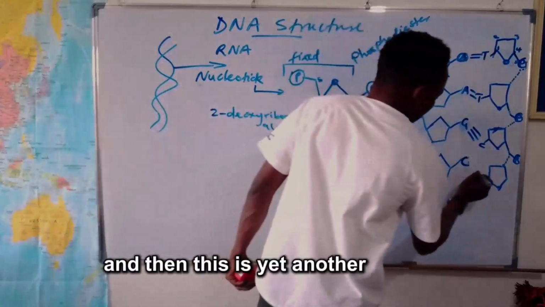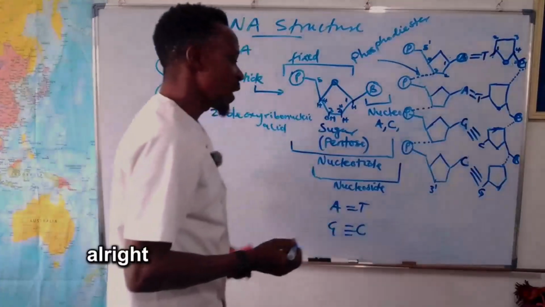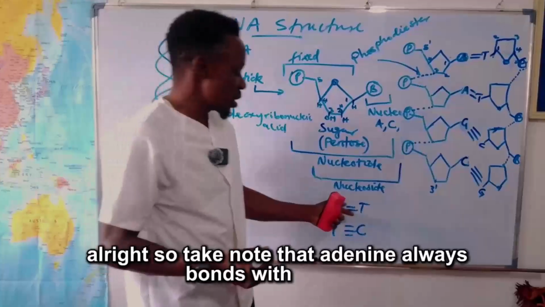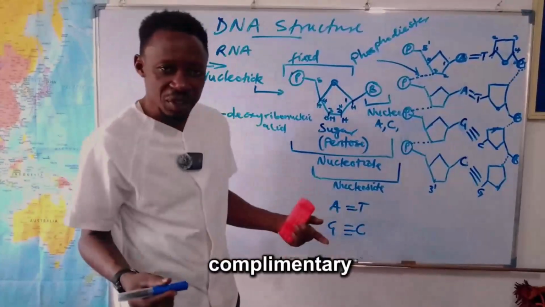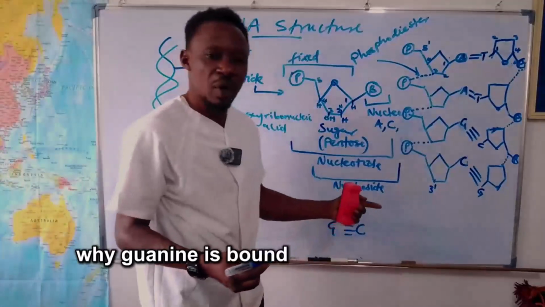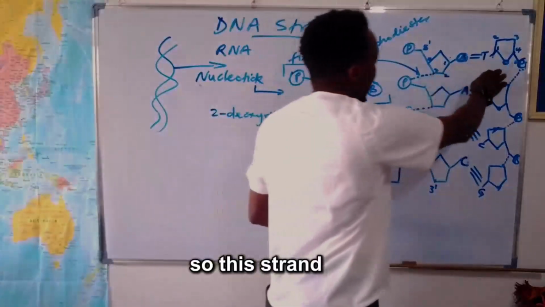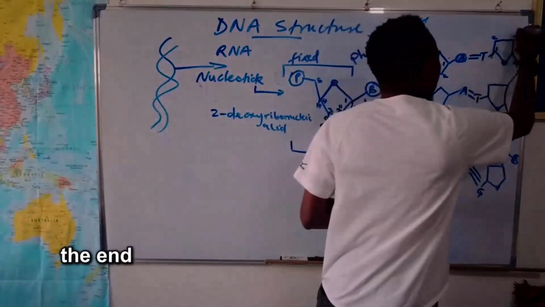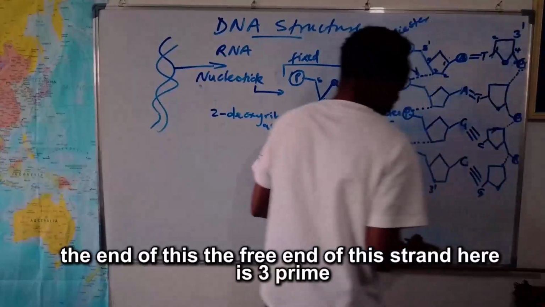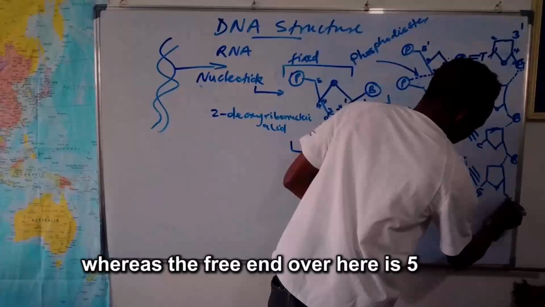So take note that adenine always bonds complementarily with thymine, while guanine bonds complementarily with cytosine. The free end of this strand here is 3', whereas the free end over here is 5'.